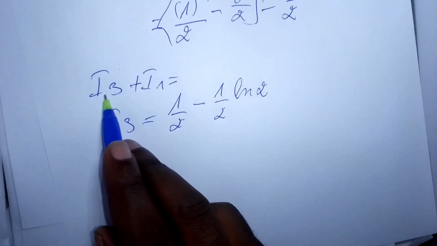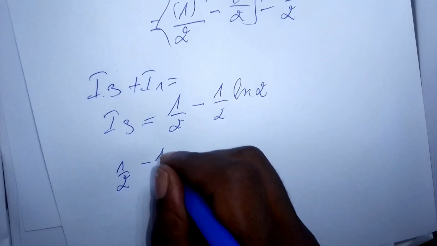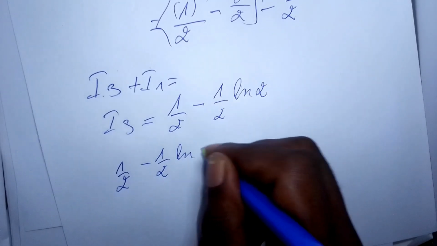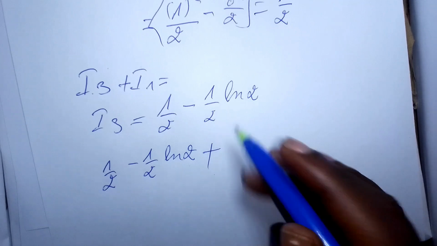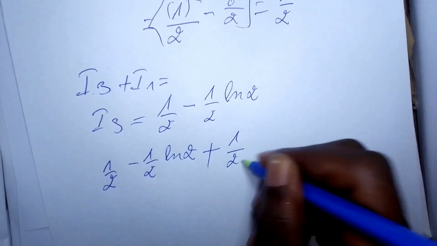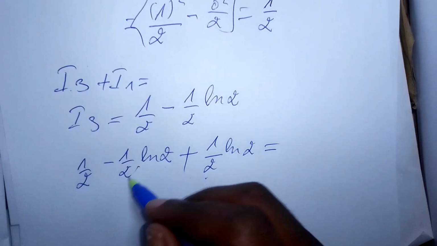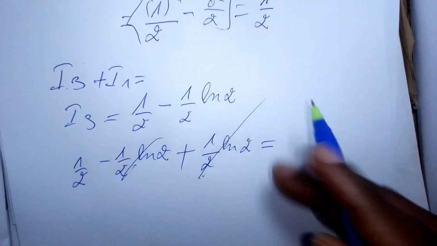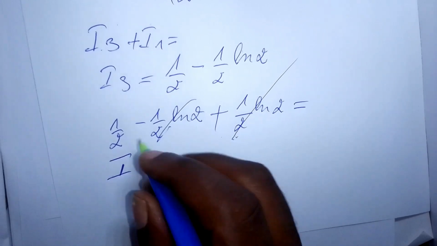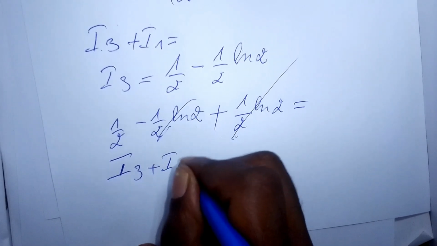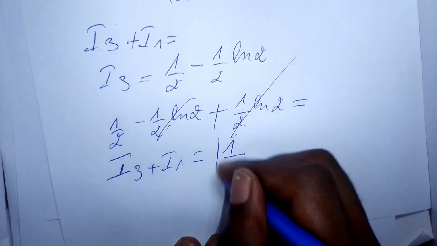So we plug into here: 1 over 2 minus 1 over 2 ln of 2, plus 1 over 2 ln of 2. The negative and the positive cancel each other, so we have I3 plus I1 equal to 1 over 2.